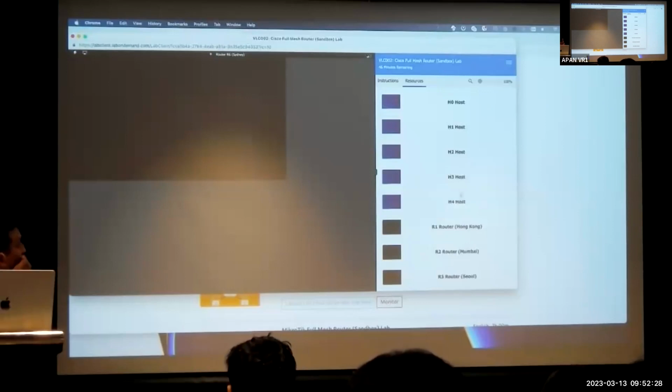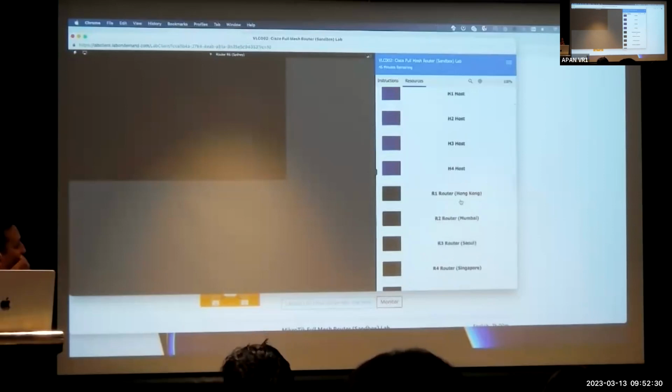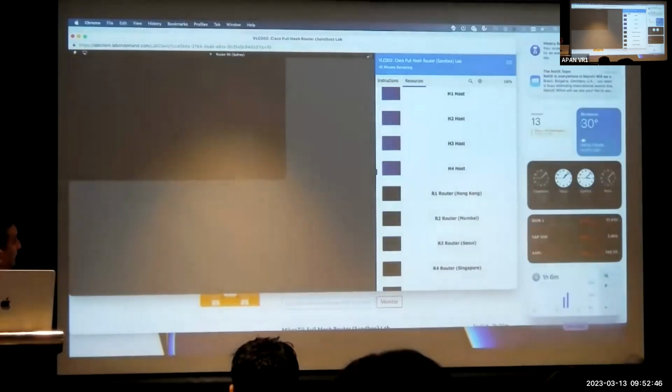Okay, so there are a set of resources here, right? So we saw in the diagram earlier, we have 6 routers, R1, R2, R3, and they have set up in the same proposal.